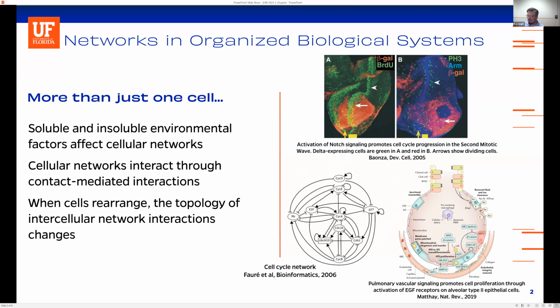But this tends to be standard practice in a lot of applications. For me, with viral infection modeling and immune response, there are lots of different applications where taking a network model and putting it in a multicellular context can explain lots of interesting things about both the networks and their role in heterogeneous tissue.